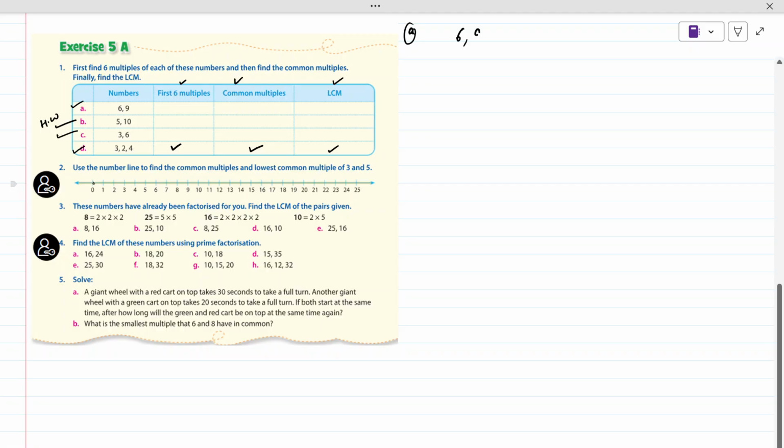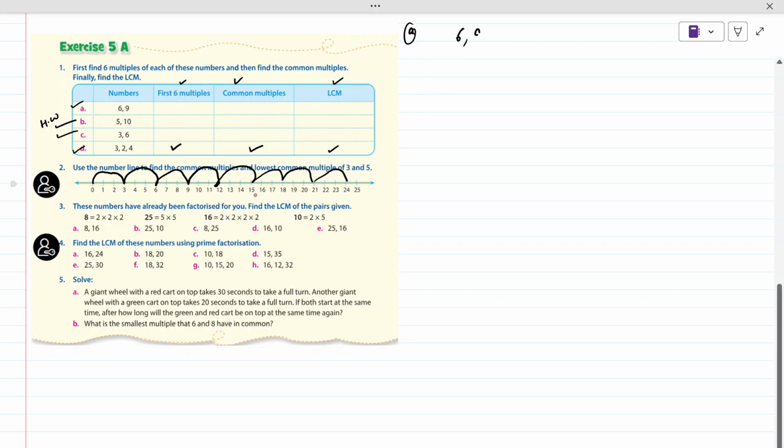It goes from 0 to 3, 3 to 6, 6 to 9, 9 to 12, 12 to 15, 15 to 18, 18 to 21, 21 to 24. These are the multiples of 3.